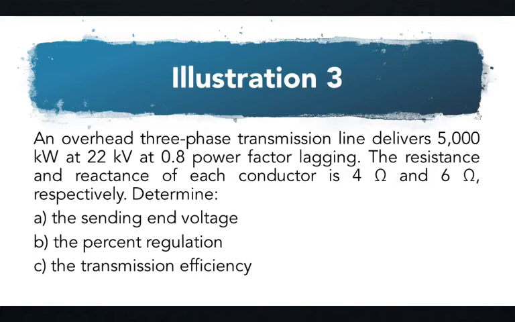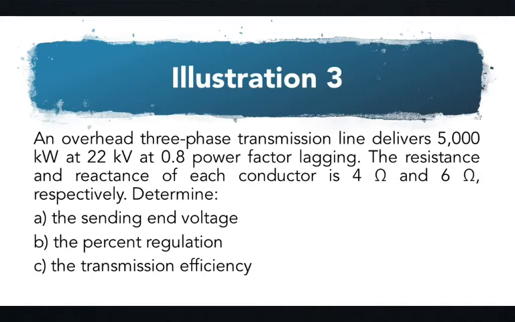Since this is a three-phase transmission line, we know that we just need one phase for our analysis, although perhaps the sending end voltage that we need here is the line-to-line quantity.